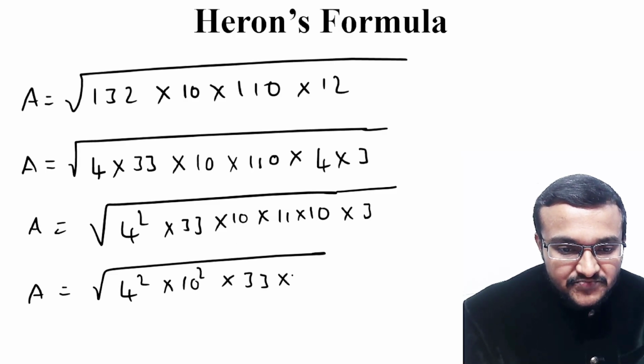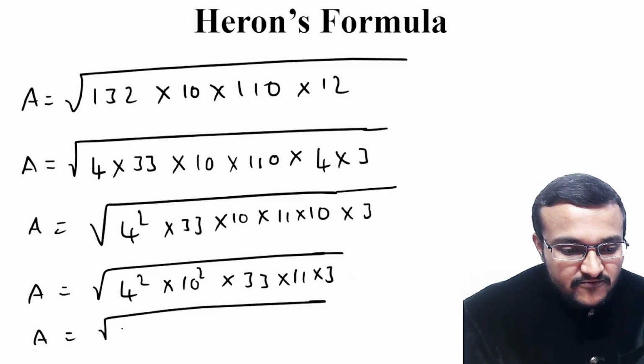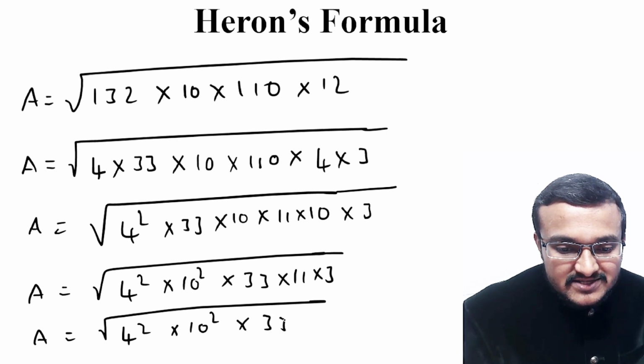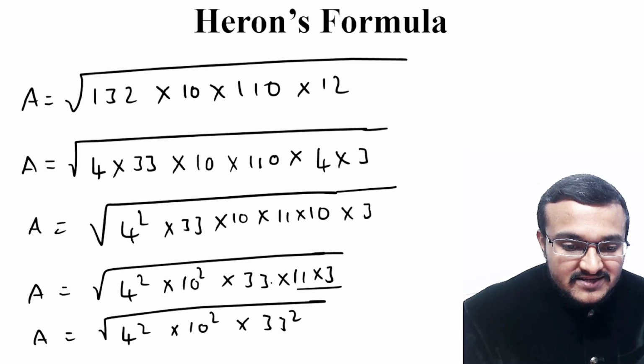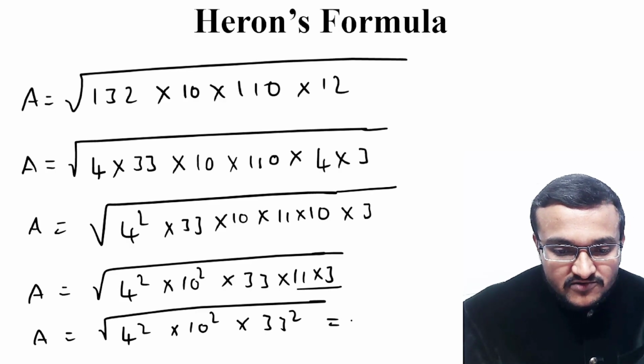So 33 into 11 into 3. So 11 threes are again 33. So 4 square into 10 square into 33 square, because 11 into 3 is 33. So 33 into 33 is 33 square. So if you take the square root of all this, it will become 4 into 10 into 33.